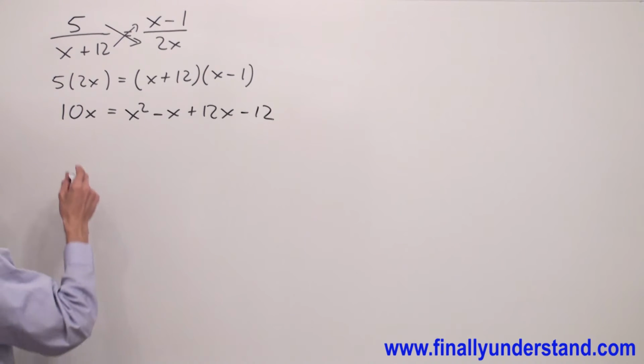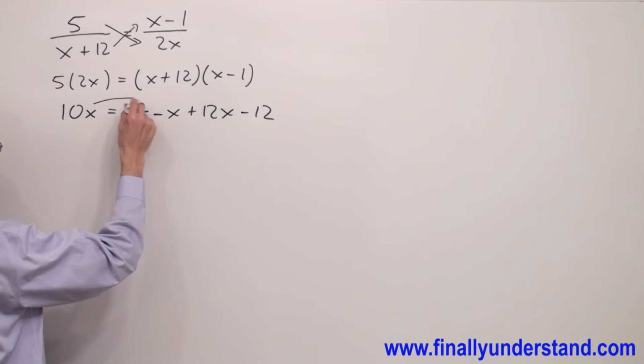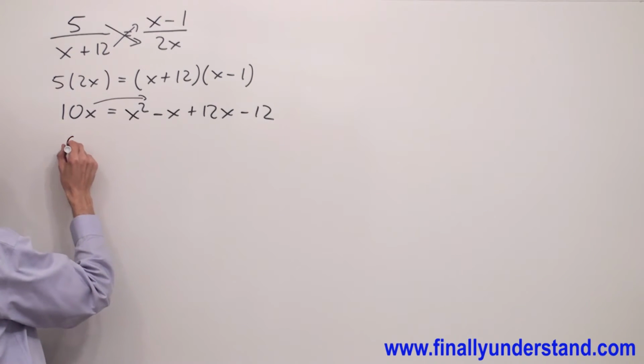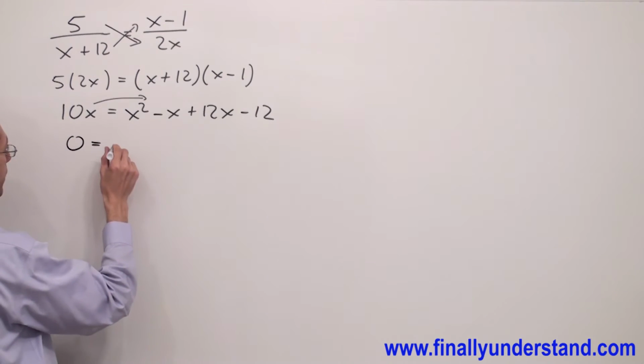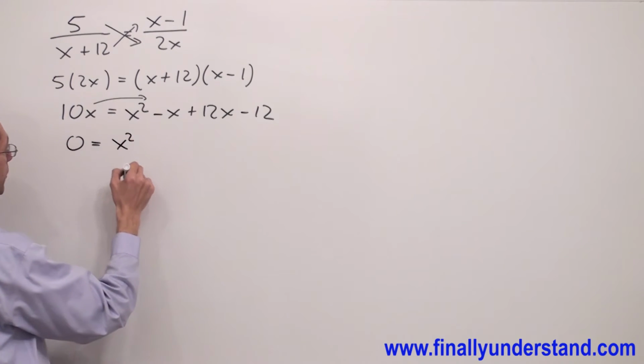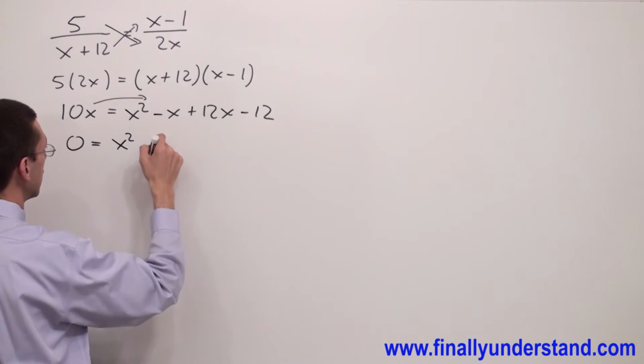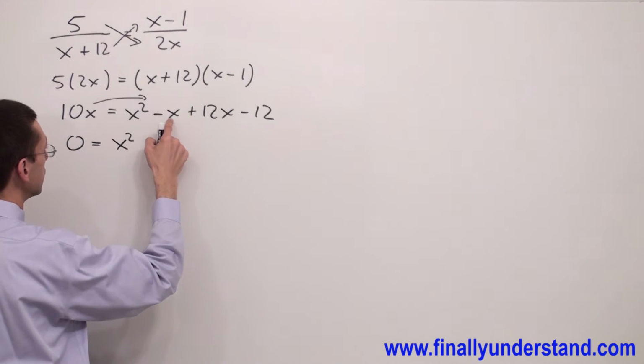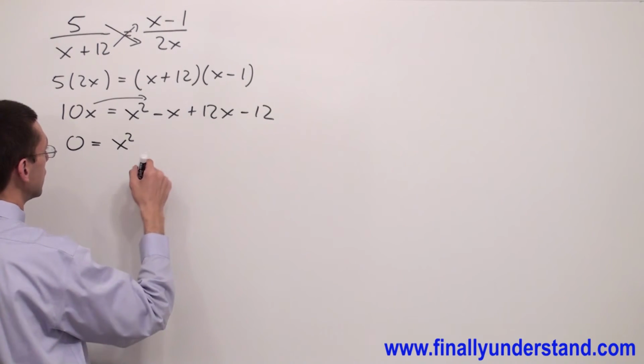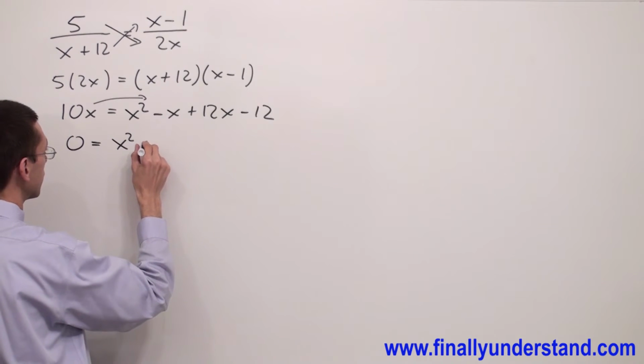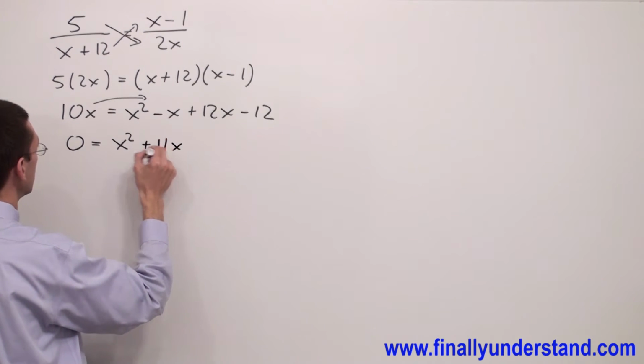Next, I'm going to bring 10x to the right side. And I have 0 equals x squared. Combine like terms. I have negative x plus 12x gives me 11x. Let me do everything step by step.